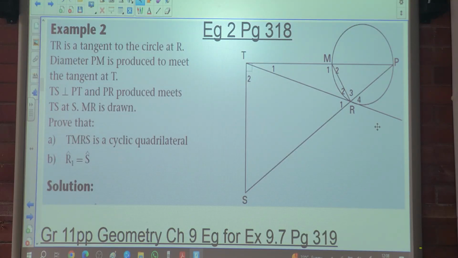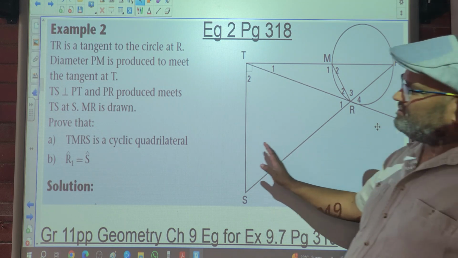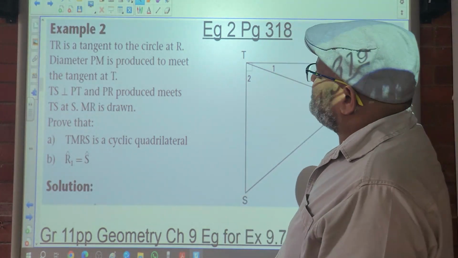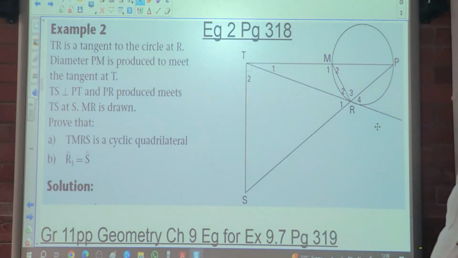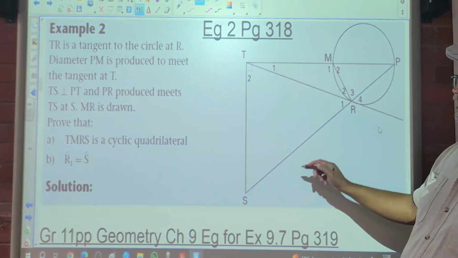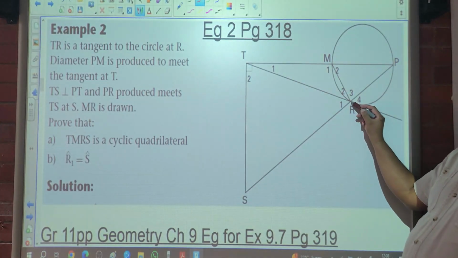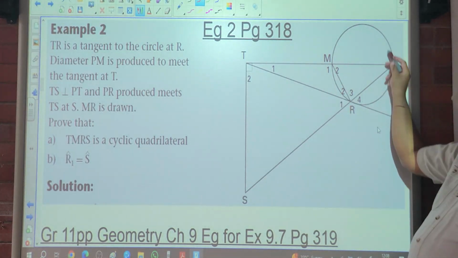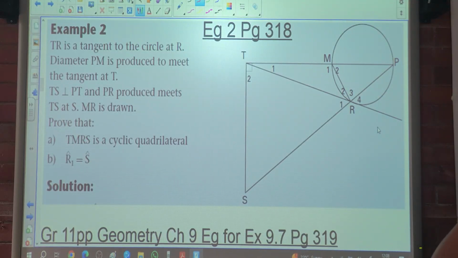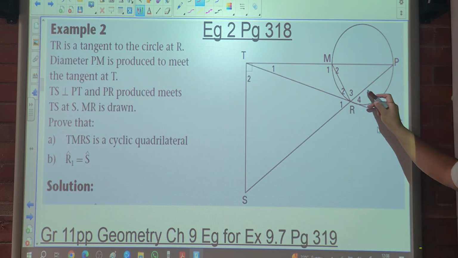Right, so here we are told that TR is a tangent to the circle at R. People, if this is a tangent to the circle, what can be concluded? R4 is equal to M2.